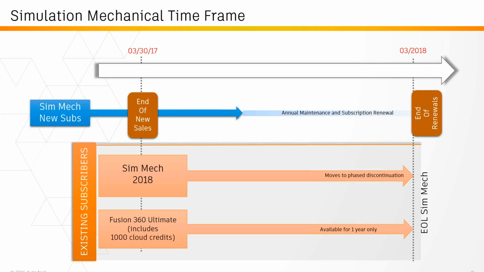So the phase discontinuation will be over a couple of years, and then Fusion 360 Ultimate, you have access to a free subscription to that for a year, with the number of licenses or entitlements equal to the number of entitlements that you have for simulation mechanical.